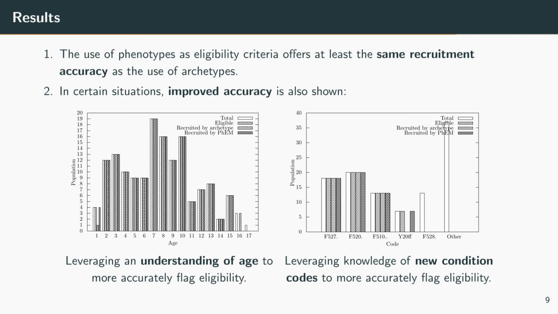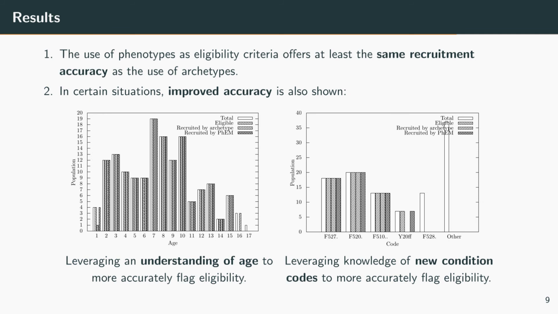One of those is when recruiting by age. As we can see here from the graph on the left, the archetypes actually miss patients at the lower end of the required age spectrum and erroneously recruit patients at the higher end of the age spectrum. So here we can see the archetypes missed patients of age 1 and have incorrectly recruited patients of age 16, which falls outside the trial parameters.